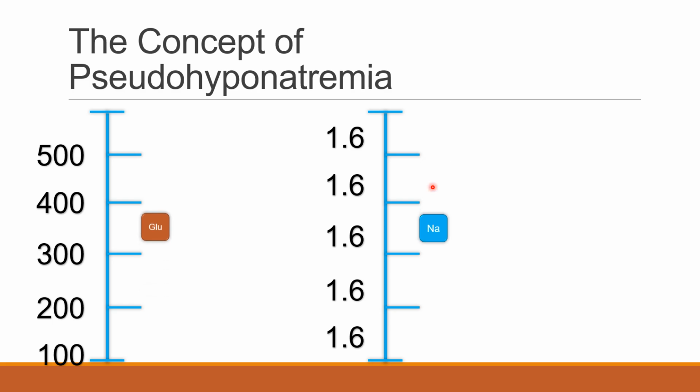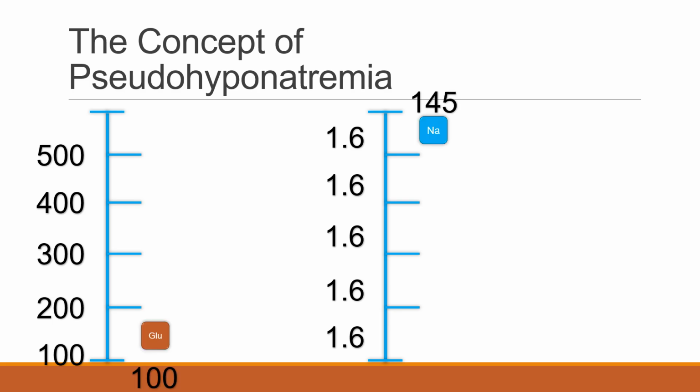Similarly, when the blood glucose further increases, the measured sodium further falls. So for every 100 milligram per deciliter increase in blood glucose above 100, the measured sodium falls by 1.6. That is the concept of pseudohyponatremia.